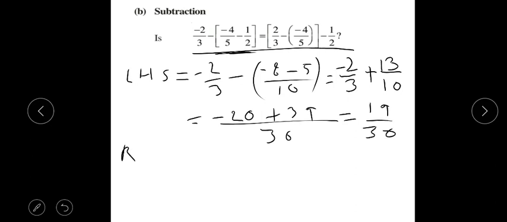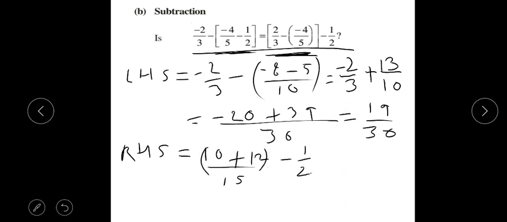Similarly, we will solve RHS. Again, we will take LCM for the first two numbers, right? So 3 and 5, that is 15, and it would be 10 plus 12, and then minus 1 by 2. So it is 22 upon 15 minus 1 upon 2. Again we are going to take LCM, that is 30, and it would be 44 minus 15.